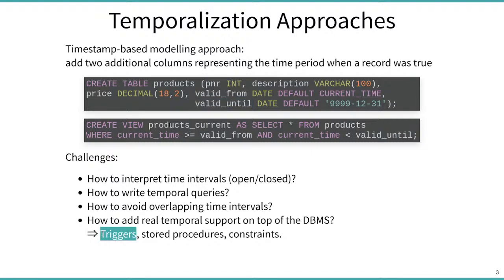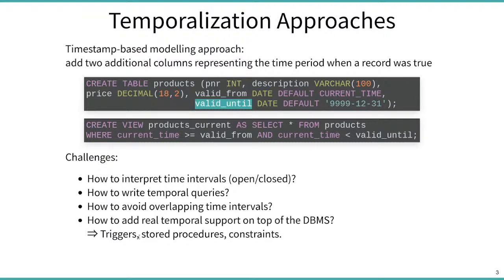Or you make a trigger which, when you execute an update query on the products, inserts a new row which stores the previous state before the update. So you can use triggers for that, so that you can work in the end in the database as if it were a normal table, and the trigger takes care of setting these from and until dates and takes care of the historization.